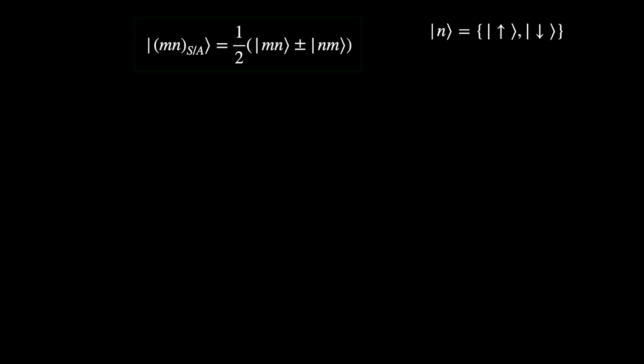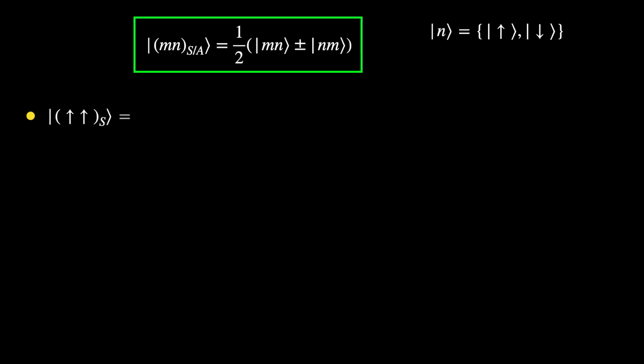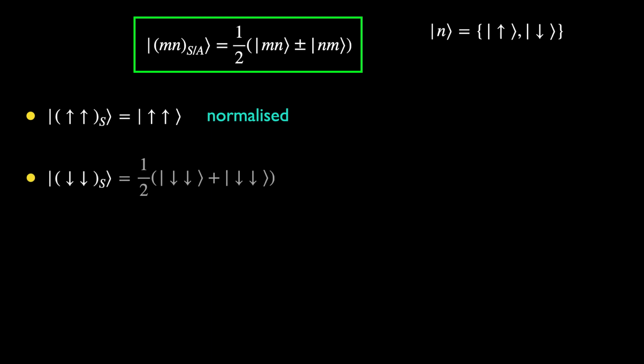Let's now examine the normalization of this new basis. Let's start with the state with both particles pointing up. This is already normalized if we assume that the spin-half basis is normalized. Similarly for both particles spinning down.